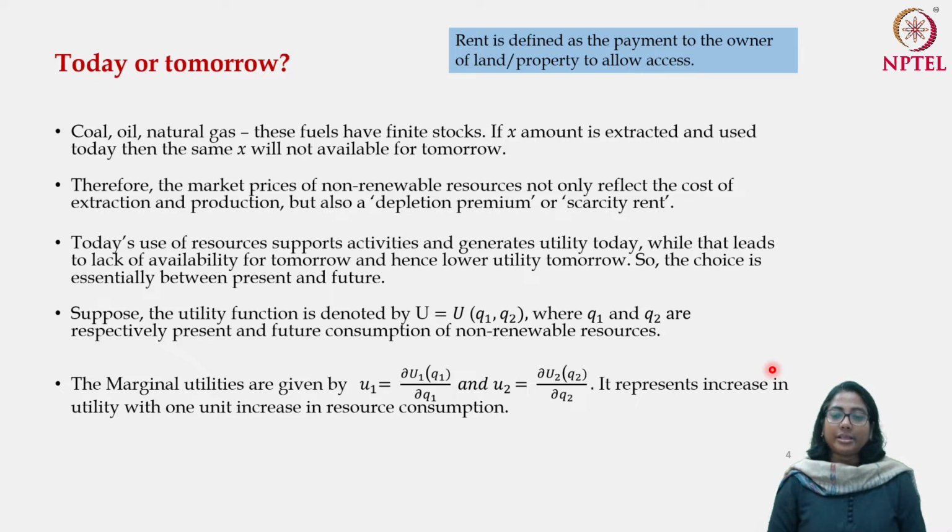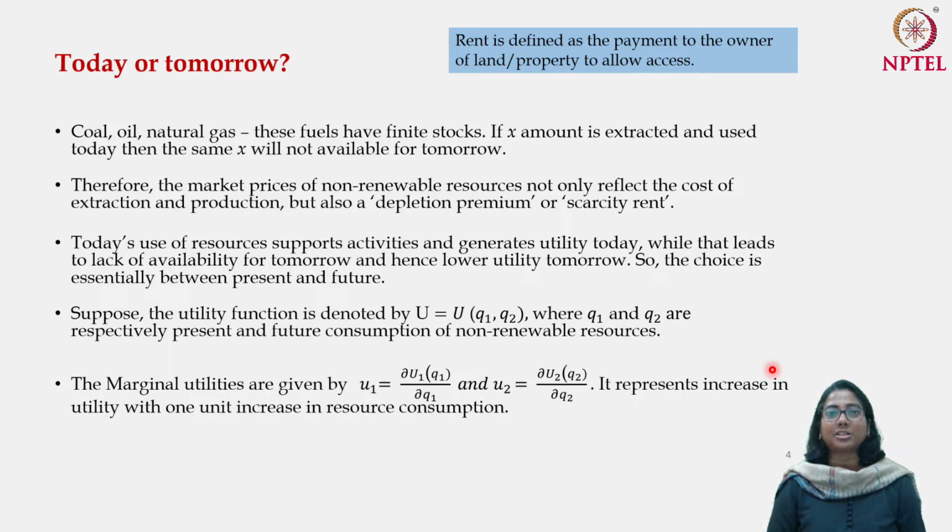Now, one thing I would like to mention is how we conceptualize marginal utility in the context of the economic framework. Let me give you an example. Suppose you are very thirsty, so you need water to drink. The utility that you derive from the first glass of water is very, very high.